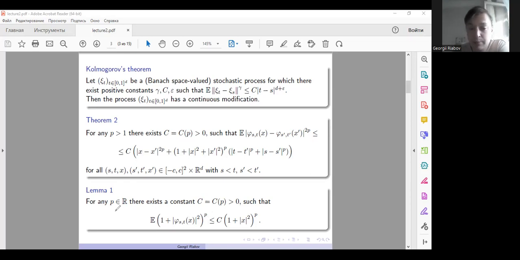However, in this lemma, p can be an arbitrary number. For example, p can be negative. So we write the expectation of (1 plus norm squared) to the power p. And it turns out that this expectation is bounded by the constant times (1 plus x squared) to the power p, which corresponds to t equals s.